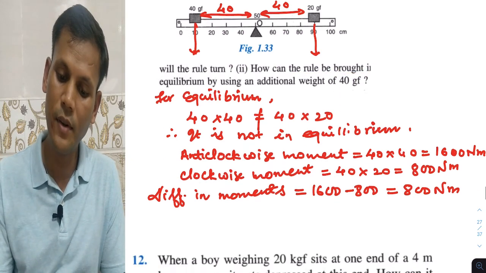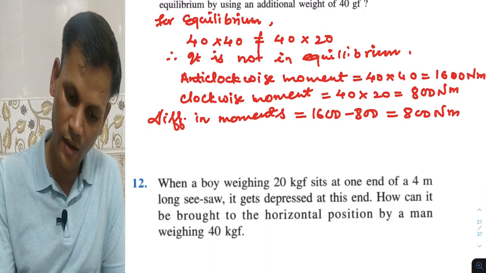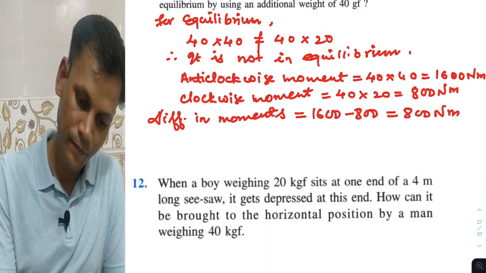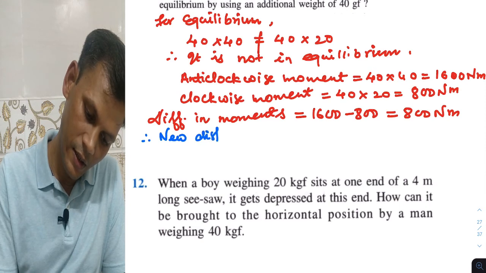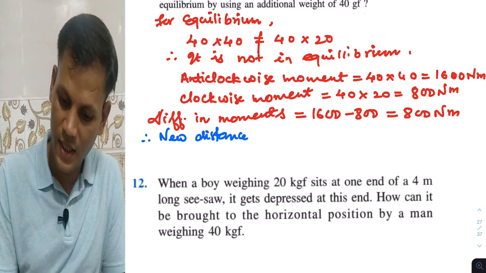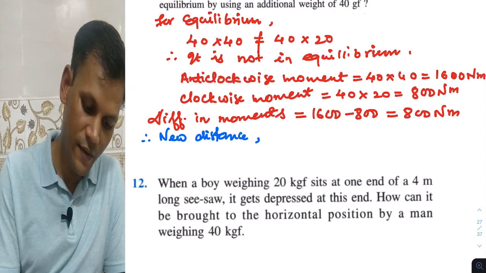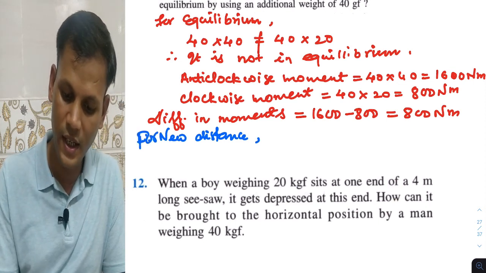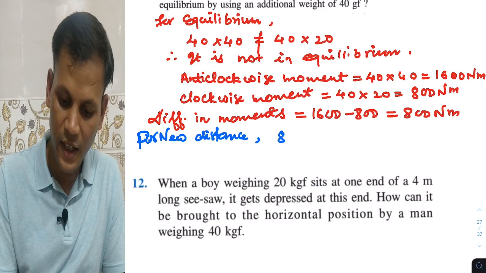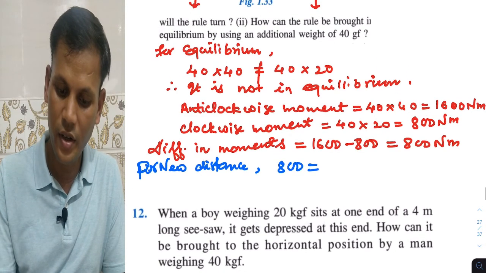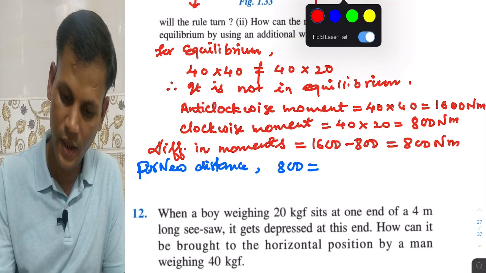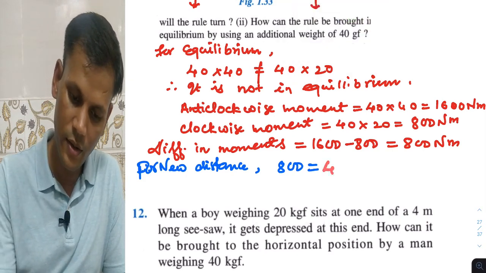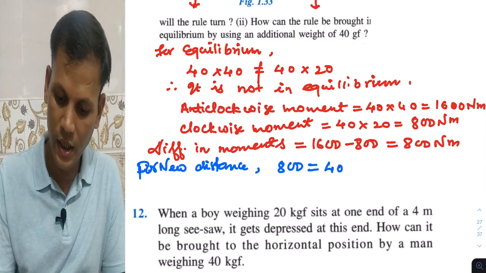So for the new distance, suppose that is x, we write 800 equals the additional weight, 40 gram, into x, that is 40 into x.